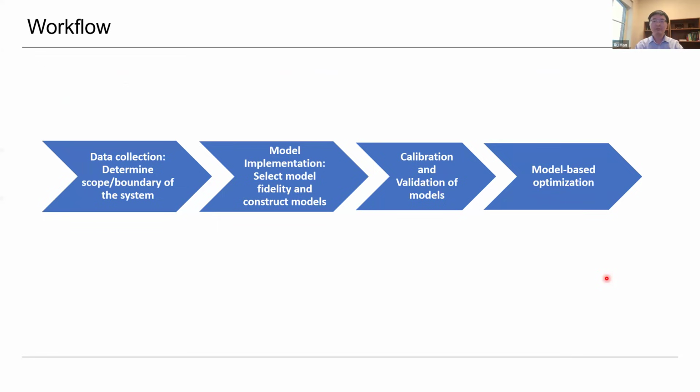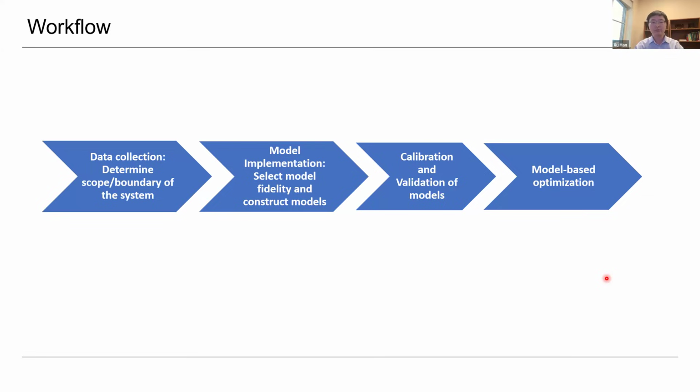We followed a four-step workflow for this project. Firstly, from the very beginning, data collection: we define the system boundaries, gathering all the information like equipment information and control logics. Then model implementation: we choose the model fidelity and develop the Modelica models from components to system, also including all the controls.